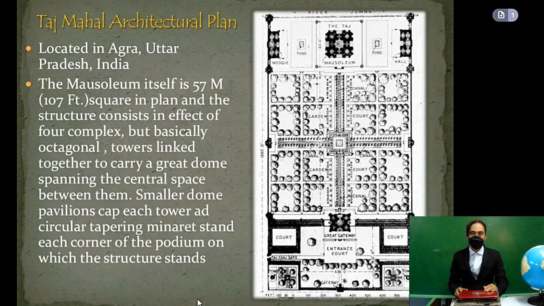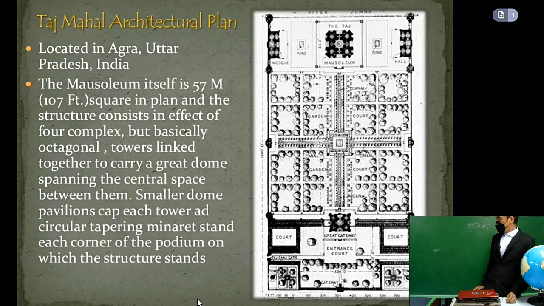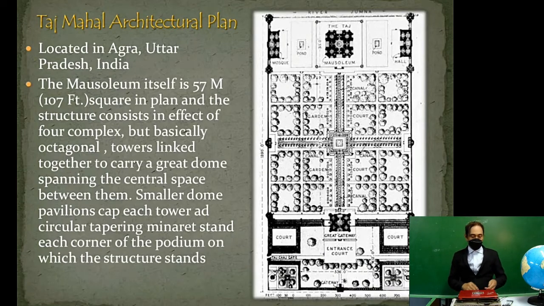Located in Agra, Uttar Pradesh, India, the mausoleum itself is 57 meters square in plan, and the structure consists of a pack of four complex but basically octagonal towers linked together to carry a great dome spanning the central space between them. Smaller dome pavilions cap each tower, and circular tapering minarets stand on each corner of the podium on which the structure stands.